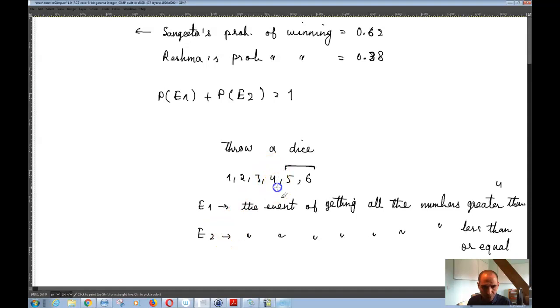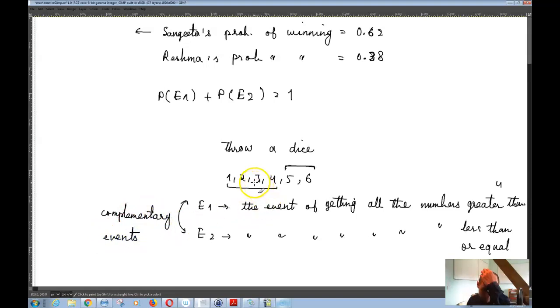And then 4, 3, 2, and 1 are all favorable to E2. E1 and E2 are complementary events.